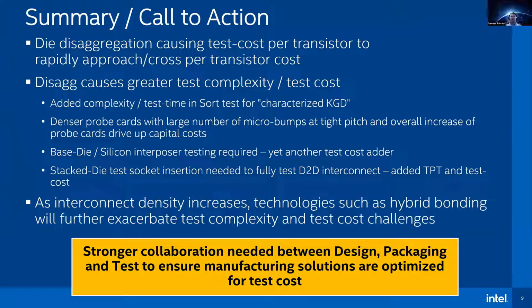I would say it's certainly close to happening. I think we continue to innovate to make sure we don't cross that. But that's what puts a lot of the stress in this system and in the test space, because all of these challenges from disaggregation are driving up our test cost, and they're driving it up exponentially with all of these new challenges, new sockets, the hardware, as I already mentioned.